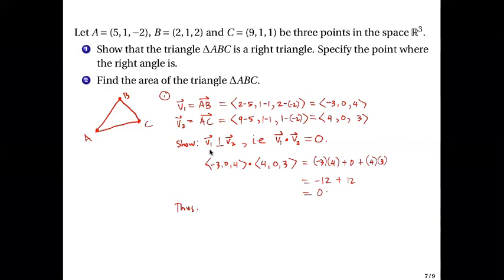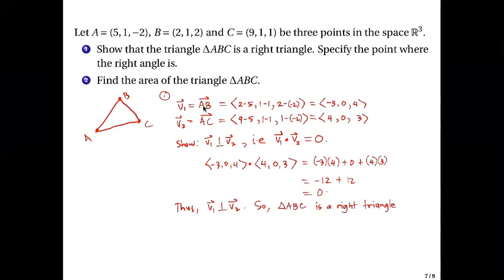Thus, V1 is perpendicular to V2. So triangle ABC is a right triangle, and the right angle is at point A.